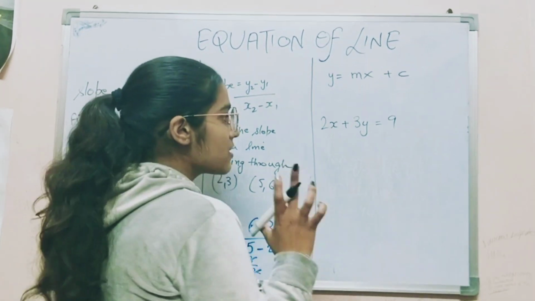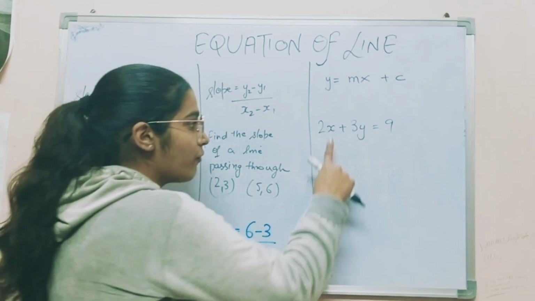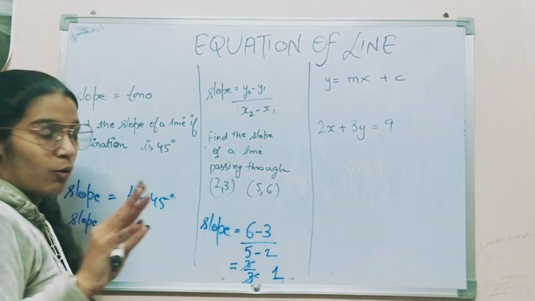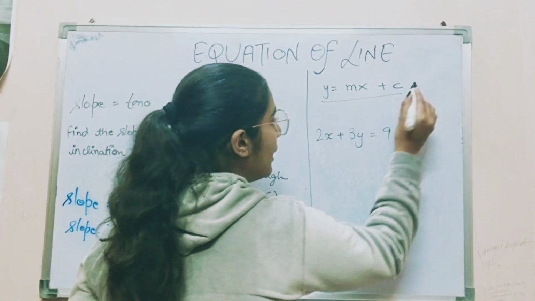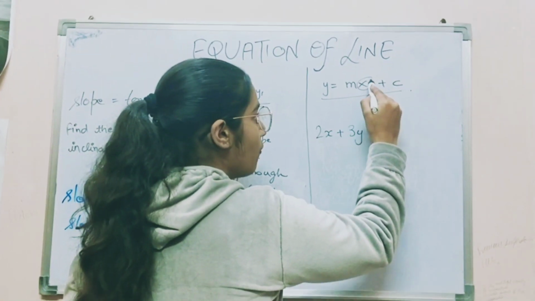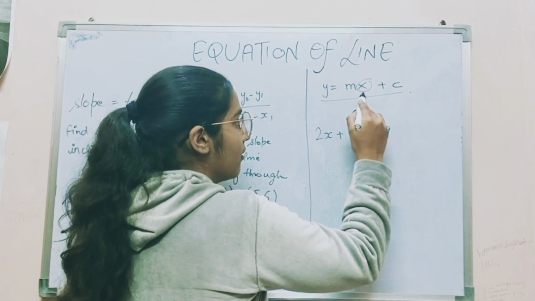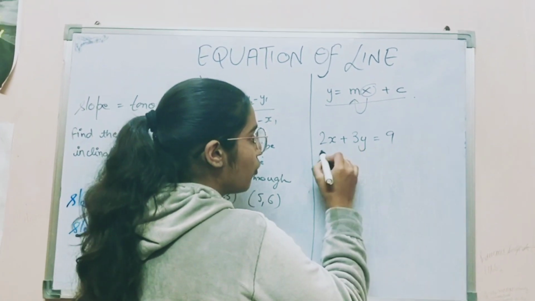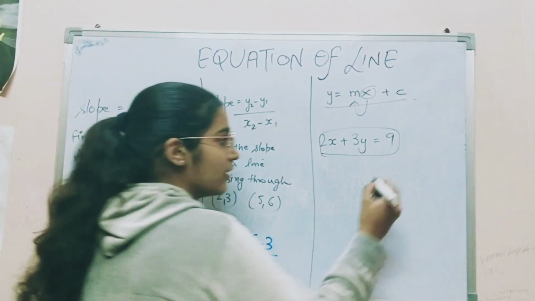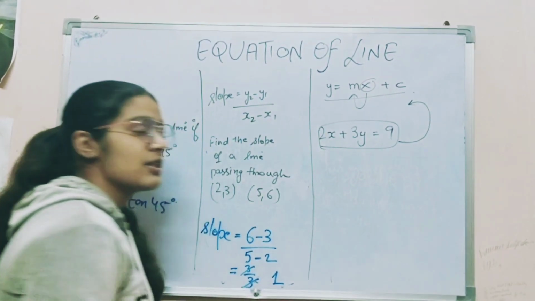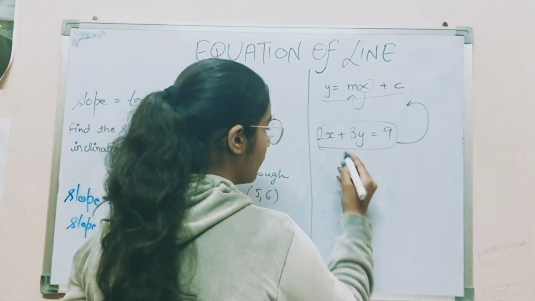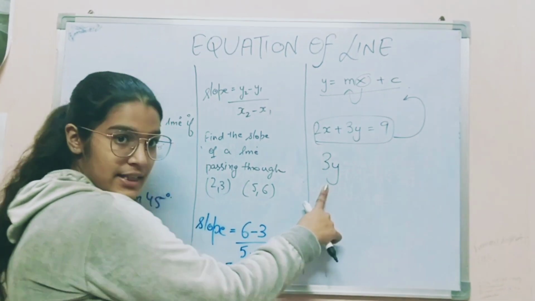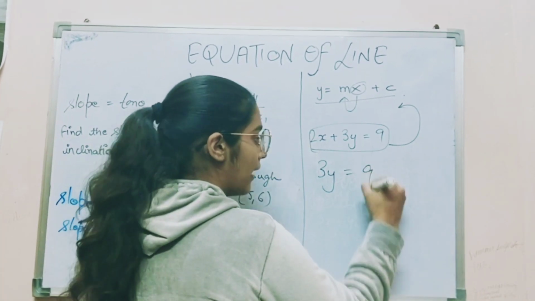Now just remember guys that the coefficient of x is the slope, because in the equation you can clearly see that the coefficient of x is our slope. So let me tell you how to find this. First we have to convert this equation into this form. So let me show you how to convert. Let the coefficient of y stay on this side, equals 9.